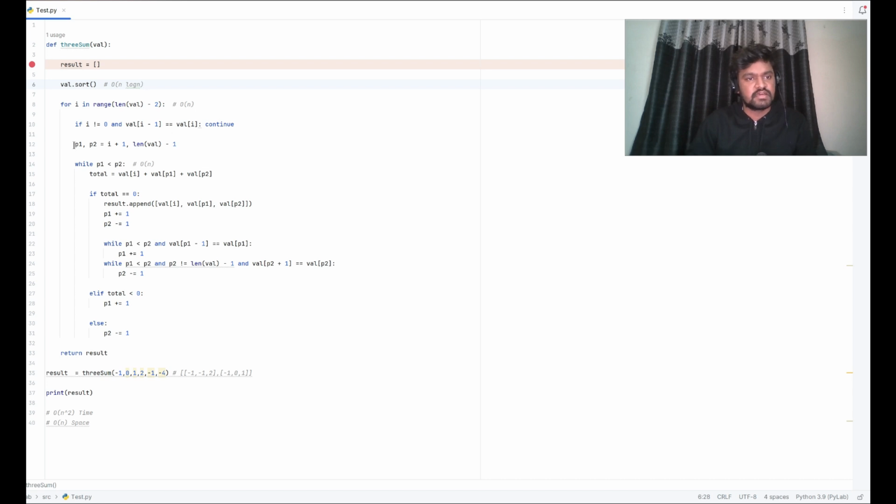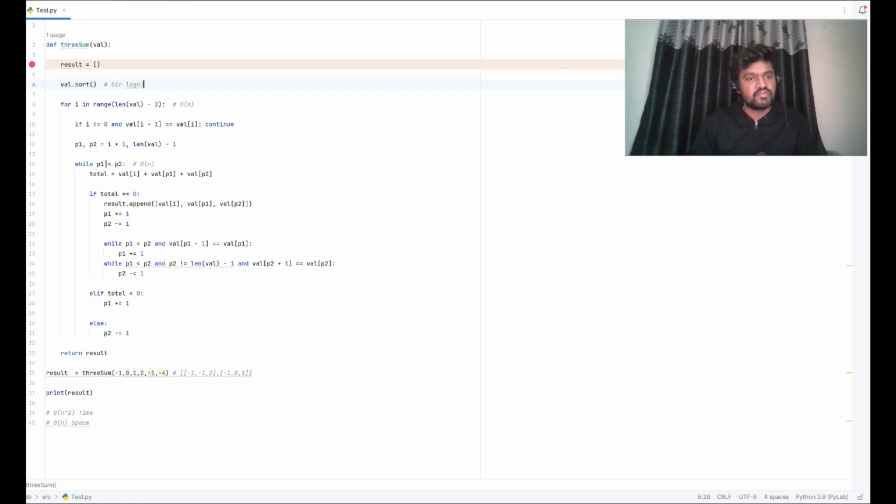Then I am initializing p1 and p2. p1 should be i plus 1, the static index plus 1, and p2 should be the length of the value, which means n.